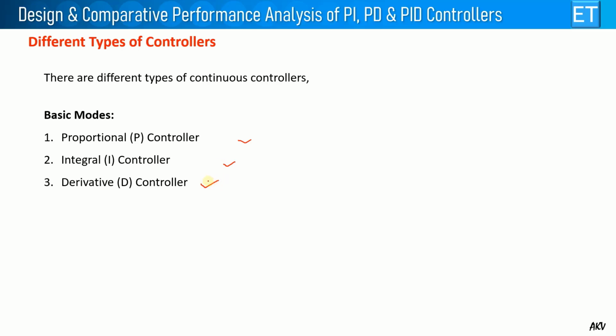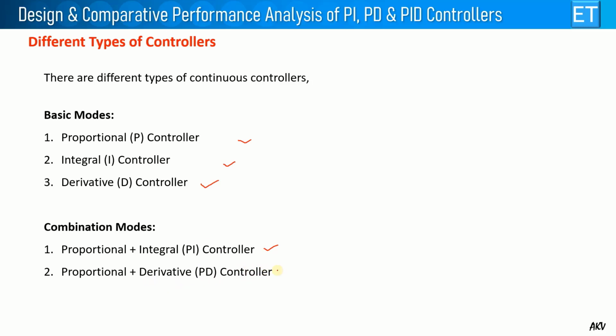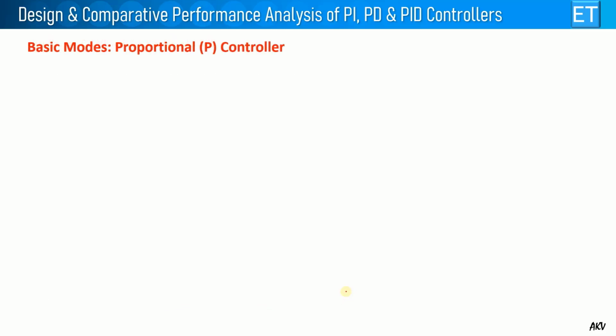With the help of these basic controllers, we can have various combinations, such as the proportional plus integral controller, known as a PI controller, then the proportional plus derivative controller, and then proportional plus integral plus derivative, known as the PID controller, which is the most popular in control system theory and applications. So now let's go through each controller one by one.